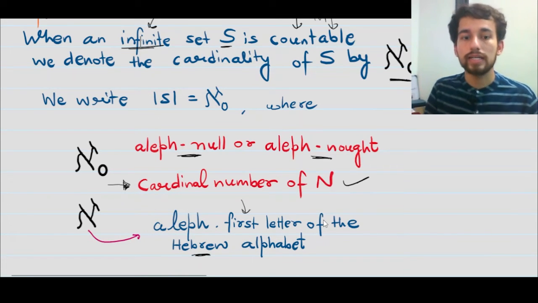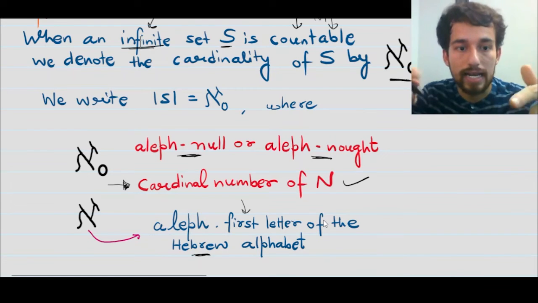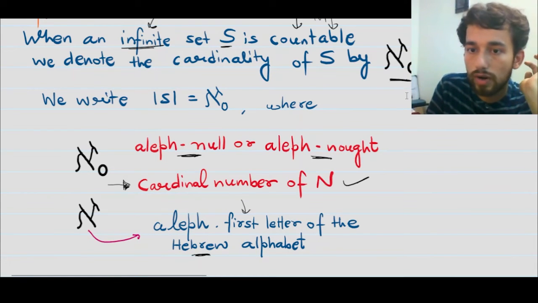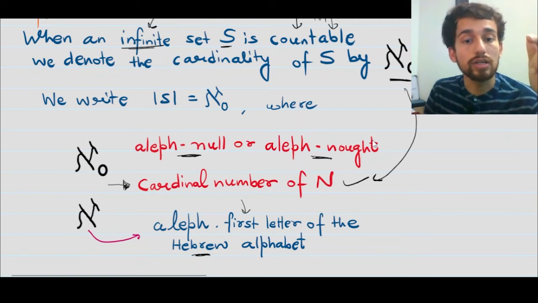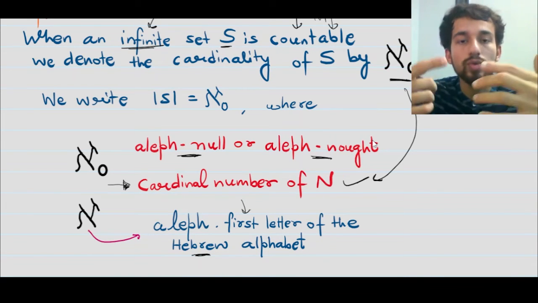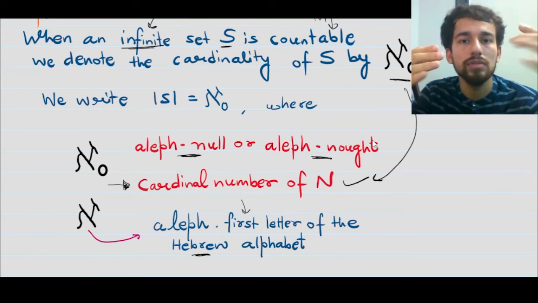This is very important: this Aleph naught is also called the cardinal number of the set of natural numbers. So if someone asks you what is the cardinality of the set of natural numbers, you say its cardinality is Aleph naught.